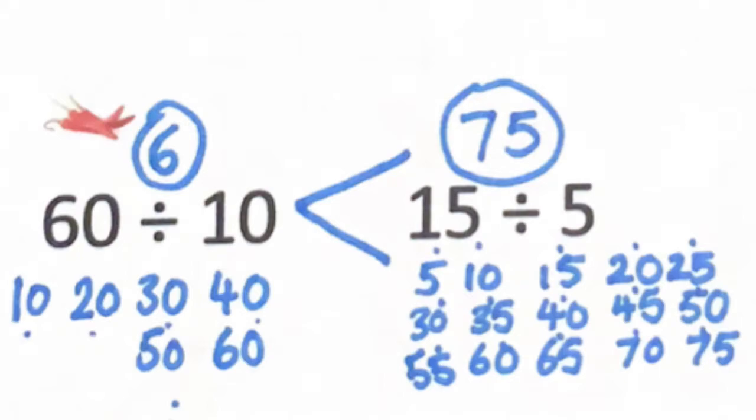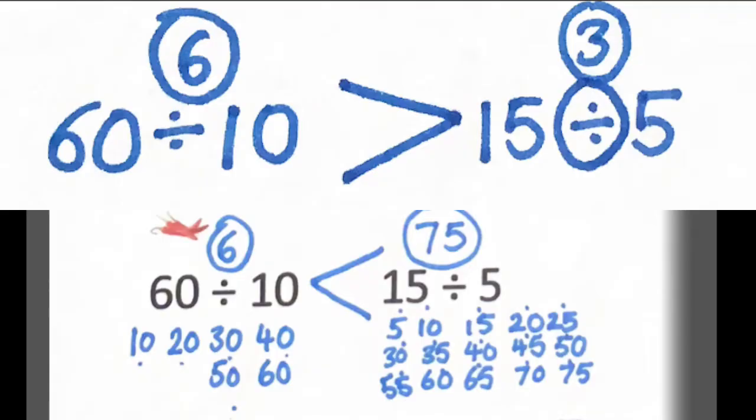One was a calculation and the other one meant that the symbol in the middle was wrong. Okay, so 15 divided by 5, unfortunately, whoever did this had multiplied instead of dividing. 15 divided by 5 is 3, which means that the greater than symbol needed to go in the middle. Showing 60 divided by 10 is greater than 15 divided by 5.